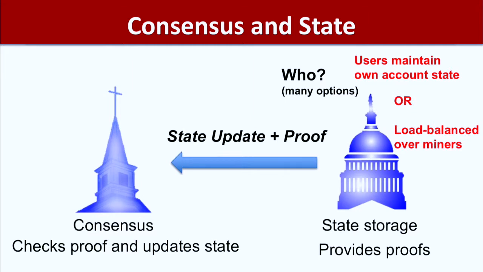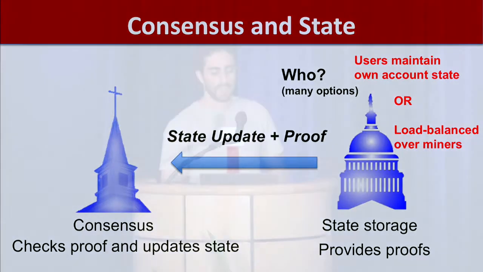Or you could think about it as the state storage could be load balanced over all the miners, and we could design the system in a way that every miner stores some of the database, but not the whole database, and is able to produce a proof to the other miners that the new transaction is valid.